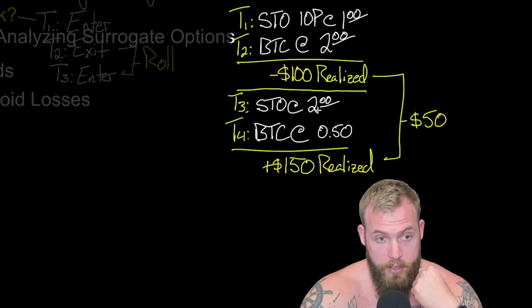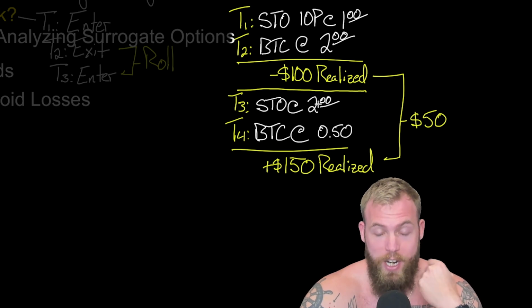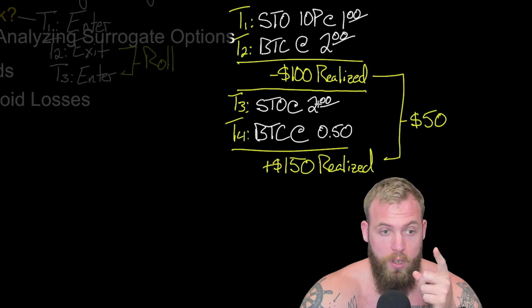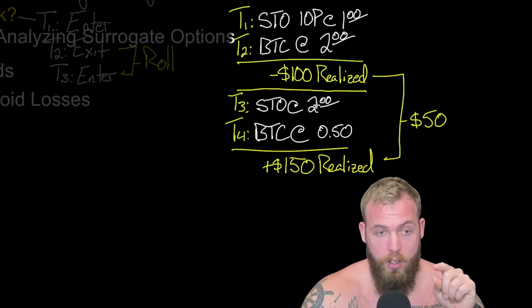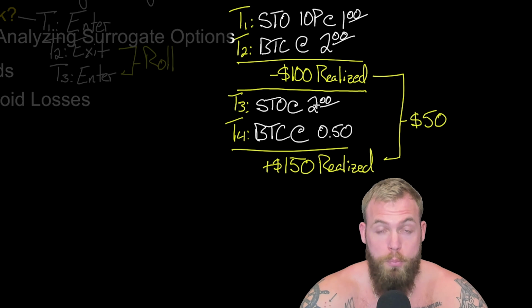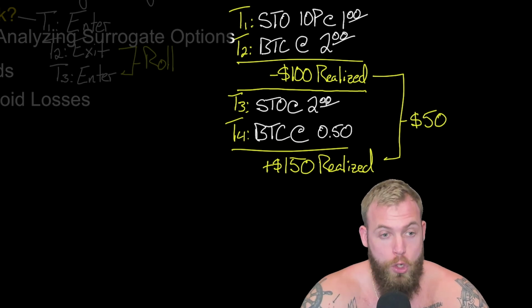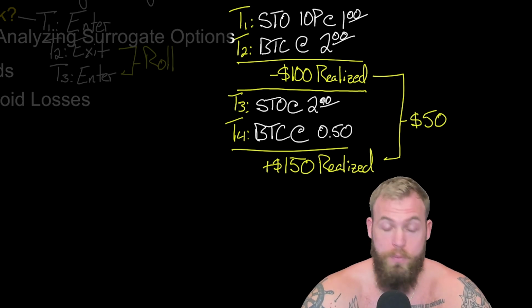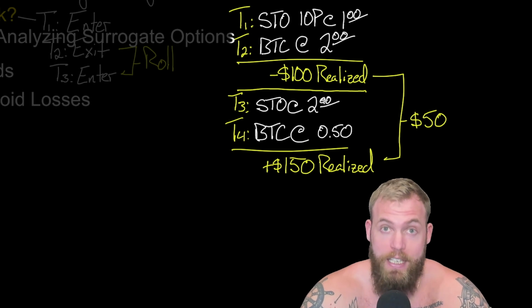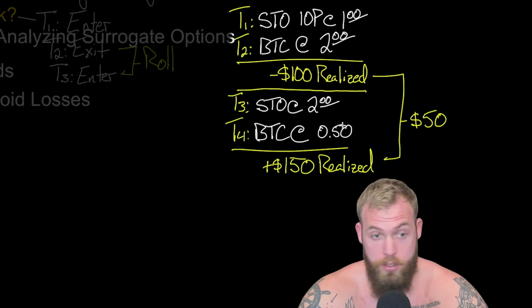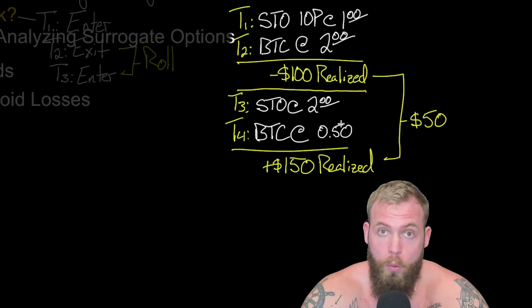So that means on this option, you would need this trading at $1 or less to be in profit. As soon as this hits $1, not including fees, you would be at break even. So you can easily do that math to calculate what you need this new option to be trading at to hit break even, and then also to then start seeing a profit, which is the whole point of doing this.